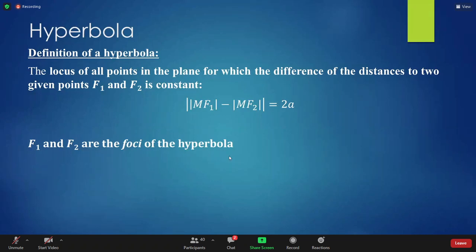And one possible explanation for the two branches of the hyperbola, the two pieces, is that it depends on which distance is longer. If the distance to the right focus is greater than the distance to the left focus, then we are looking at the points on the right-hand branch of the hyperbola, and if it's vice versa, then we are looking at the left-hand branch.